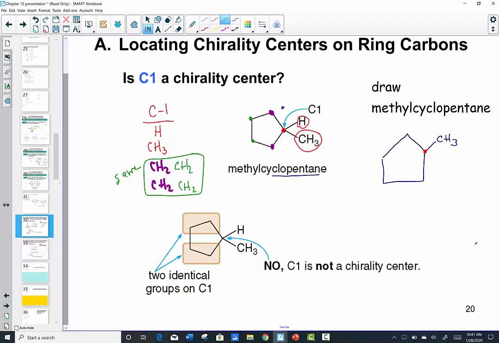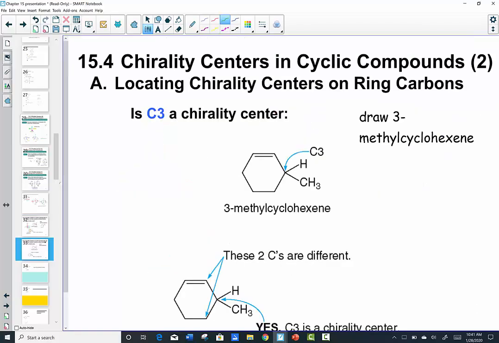How about another example? What about 3-methylcyclohexene? So let's draw that together. Notice we have carbon 1, 2, the priority goes to that double bond. Here's 3, 4, 5, 6. A 6-membered ring.